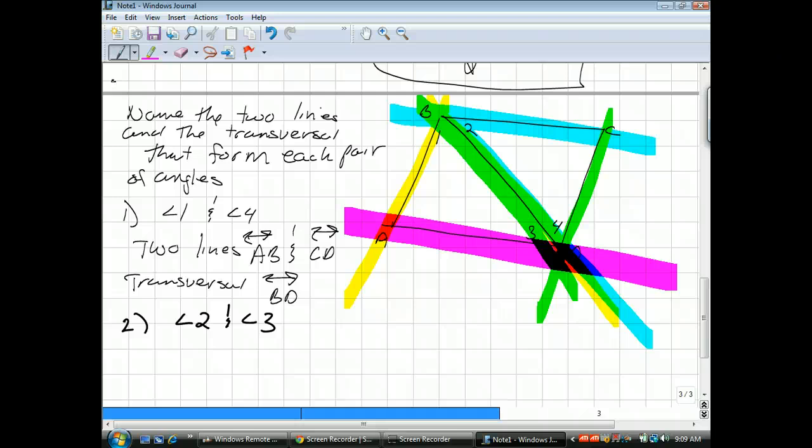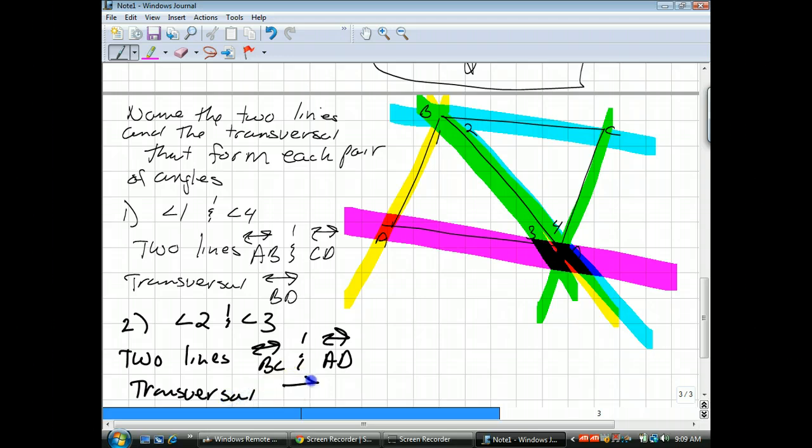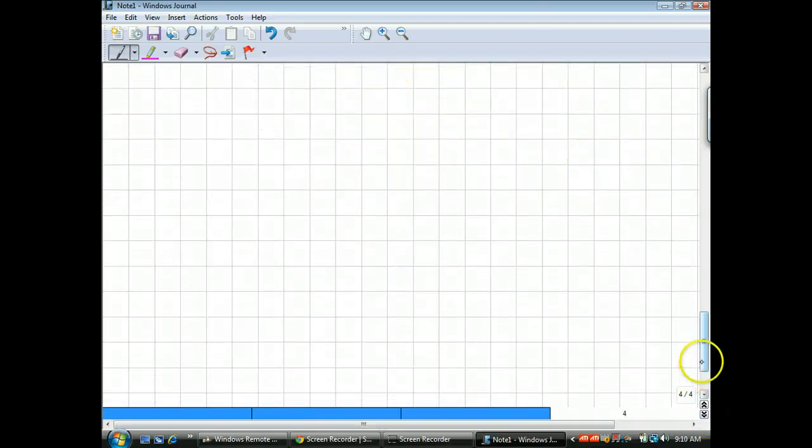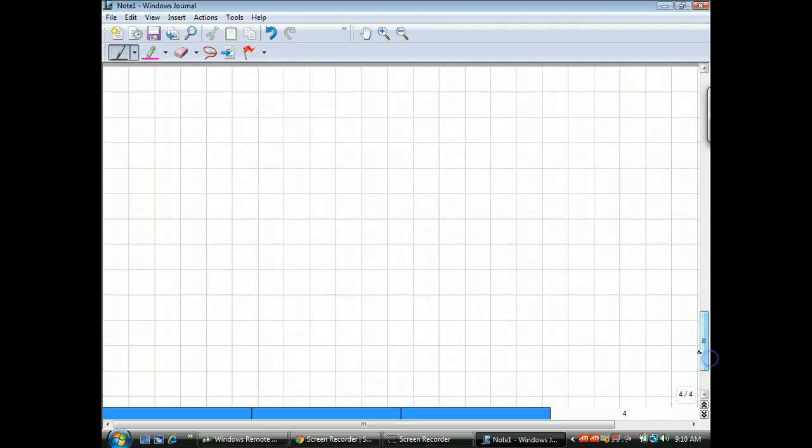So line BD would be the transversal, but in this case, the two lines are line BC and line AD. It's really important to identify the line that belongs to both angles, and that is always the transversal, because some diagrams get a little bit more confusing.